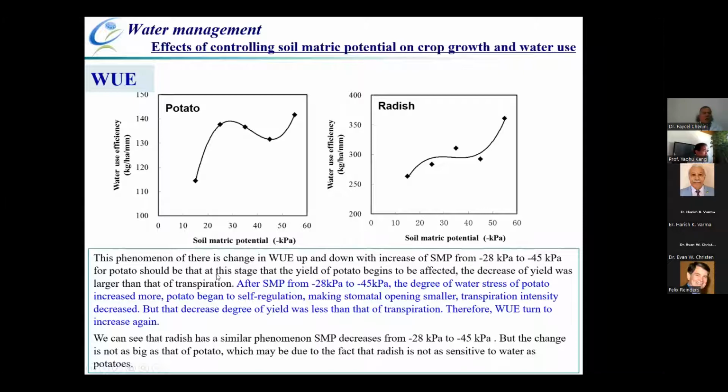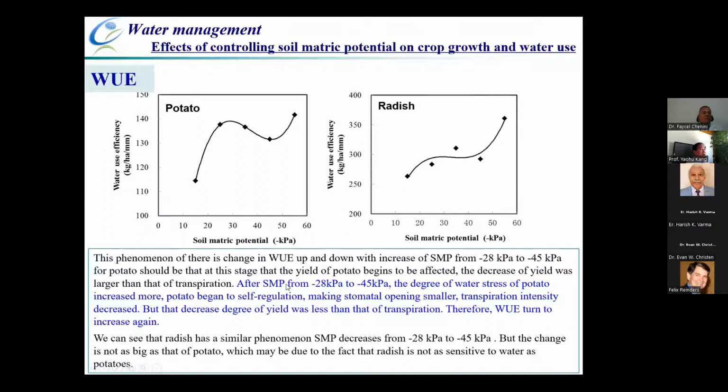For potato, it should be that at this stage the yield begins to be affected. The decrease of the yield was larger than the decrease of the transpiration.